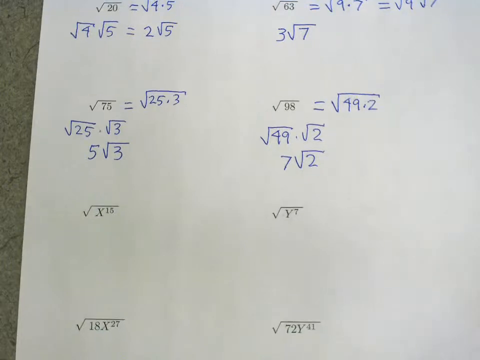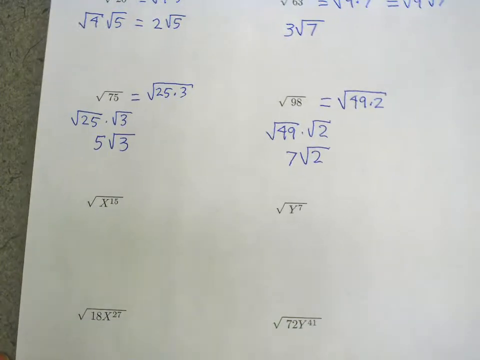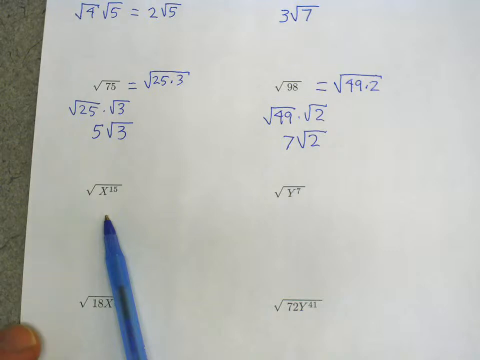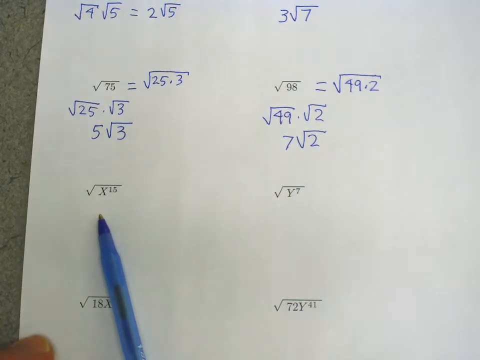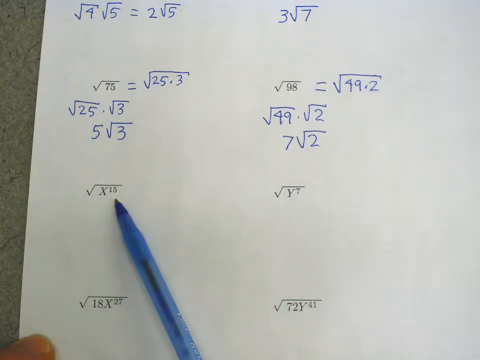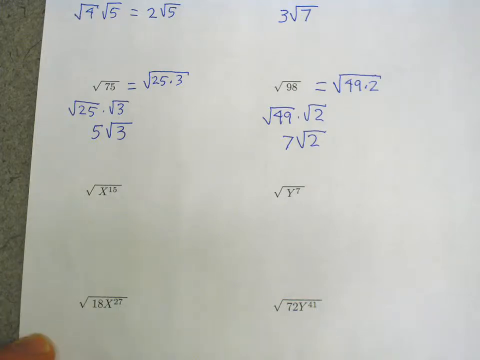Okay, now we'll do some square roots involving variables. The first one, the square root of x to the 15th. If you remember from section 8.1, if you have a variable with an exponent, anytime that the exponent is a multiple of 2 or an even integer, then it's considered a perfect square.